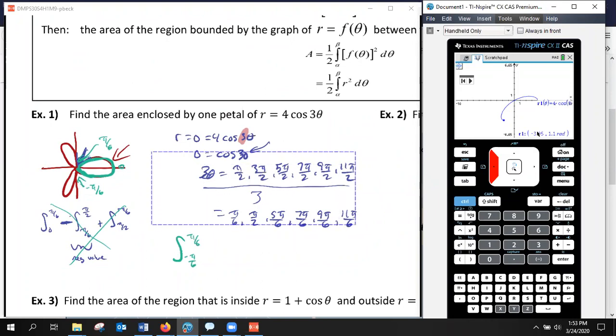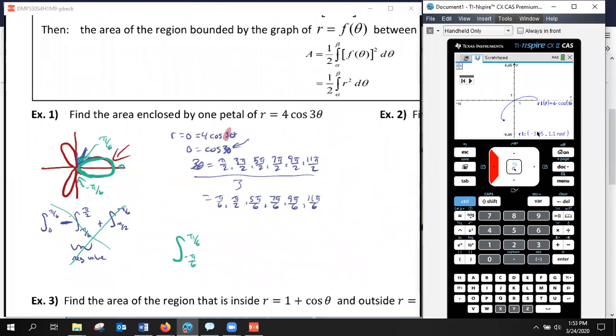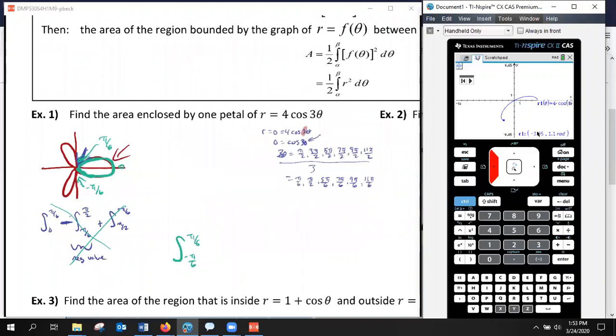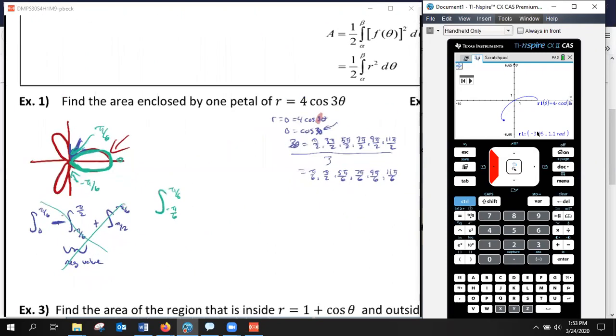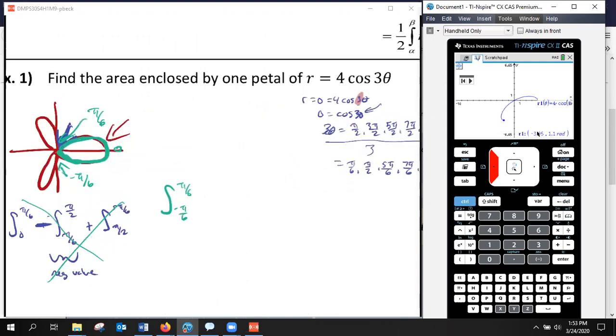Now, because I can, I'm going to shorten this and move it over to the side just so that I can work a little more efficiently. Okay, so let's say the integral from negative pi over 6 to pi over 6, and we will say 1/2 the integral of r squared, and we know that r is 4 cosine of 3 theta, squared, d theta.